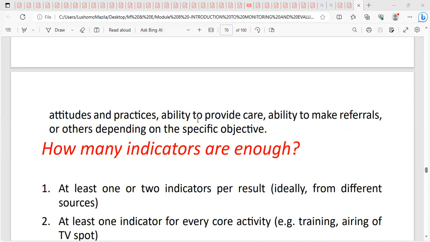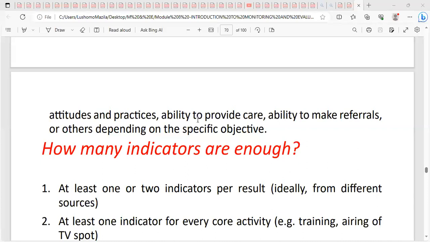If you find that things are not moving in order, then you'll be able to get on track. That's what monitoring is all about. It's not a complicated thing, very simple. You just have to know the tools you need to conduct monitoring and evaluation.